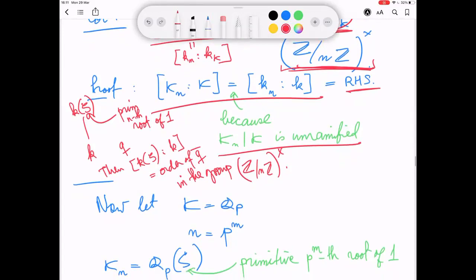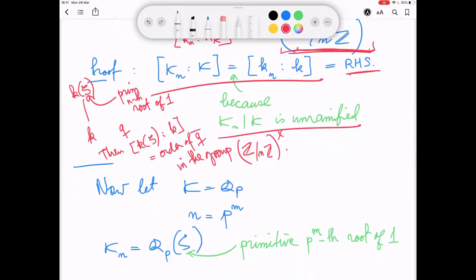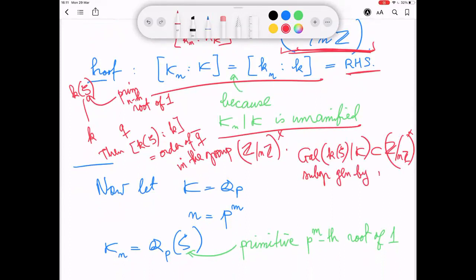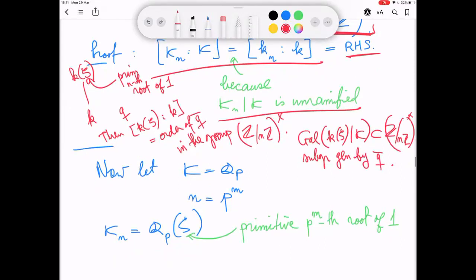Yeah, in fact, not just that. I mean, you could even say that the Galois group of K zeta over K is a subgroup of (Z mod NZ) star, the subgroup generated by Q bar. Because the generator of this is generated by the element x, which changes every x in K zeta to the qth power.